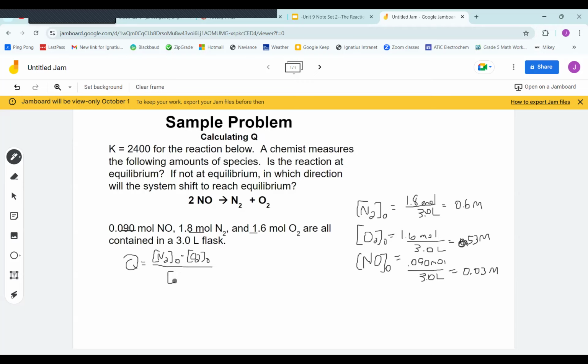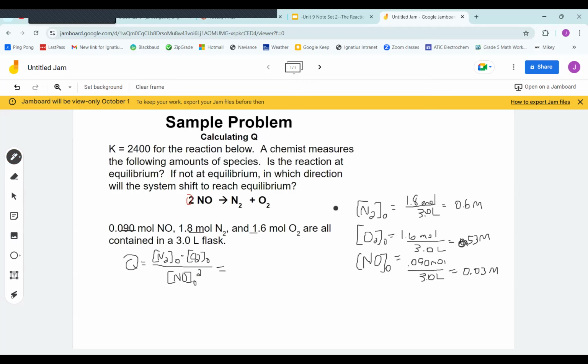In the denominator of the expression, we're going to put the concentration of the reactant, NO. There's only one reactant here. And notice that the coefficient 2 comes into the expression as the exponent. And also notice that every single one of these substances' concentrations has a non-mathematical subscript 0 outside the brackets.